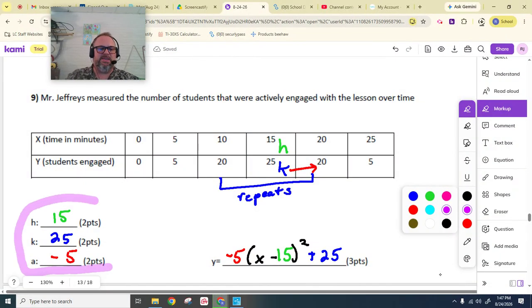This whole thing is 6 points. Writing it out is 3 points. Doing this is twice as important as the answer. Okay? So if you've had years of taking tests on some type of online software where all you're getting is the answer, that's not me. I kind of want you to think it out.